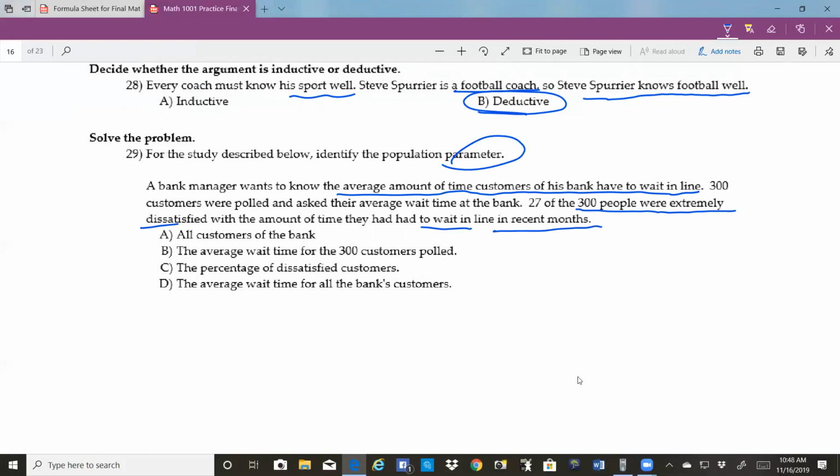Well, the parameter has got to be the average wait time for all the bank's customers because they're looking for their customers, not anybody else's. Okay, answer is D.